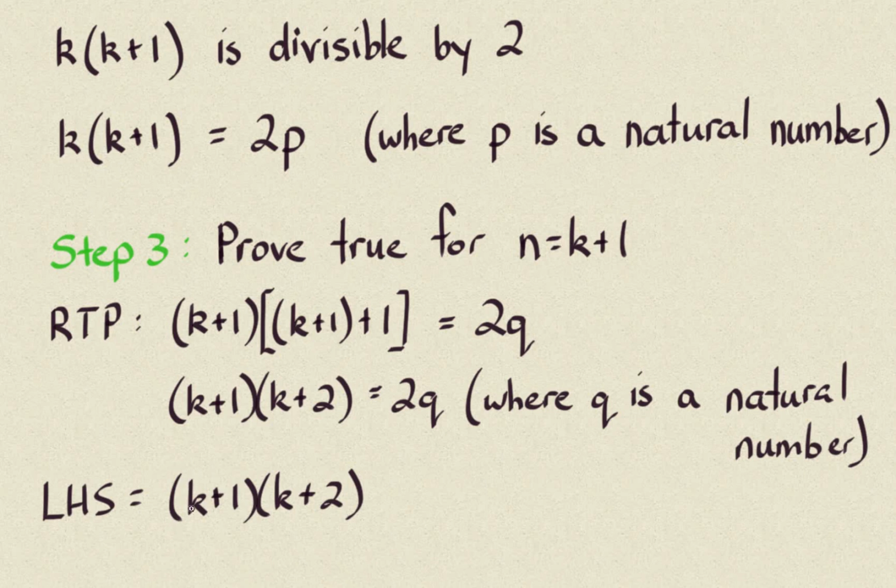Now we can see a k plus 1 here, which is good. And there's also a k in the second brackets. And we know that if we did an expansion, we would have the k multiplied by what's in the first brackets, and also the 2 multiplied by what's in the first brackets. So rather than doing a full expansion, let's just show that. So k multiplied by k plus 1, and then we also have 2 multiplied by k plus 1.